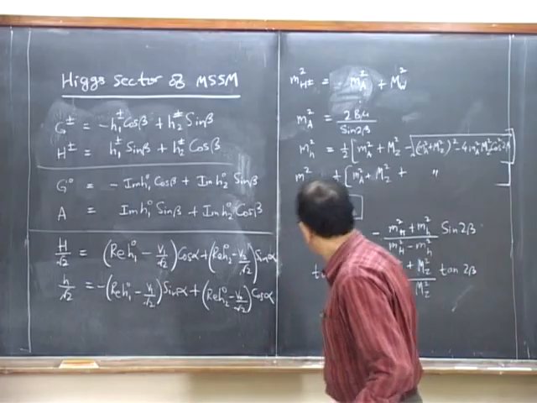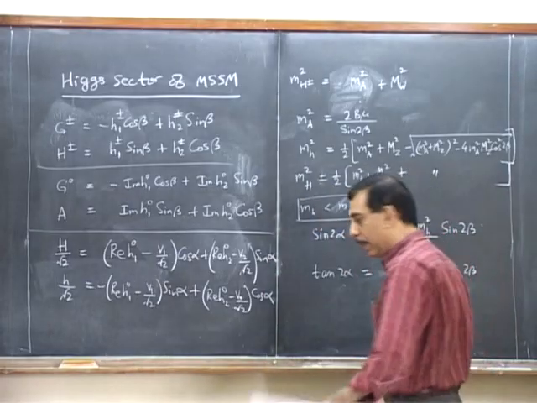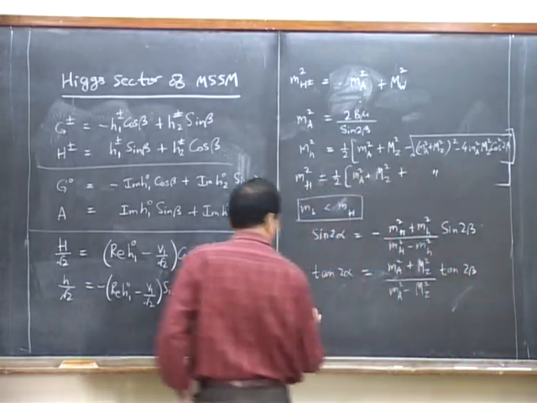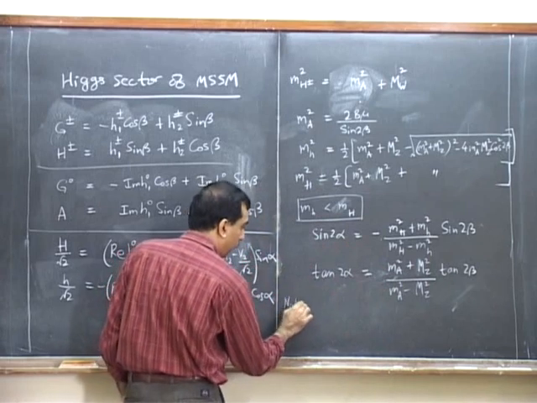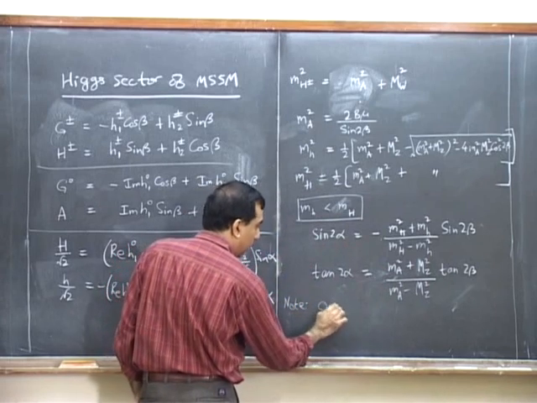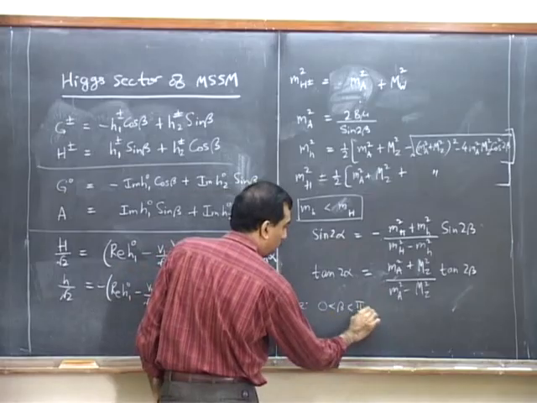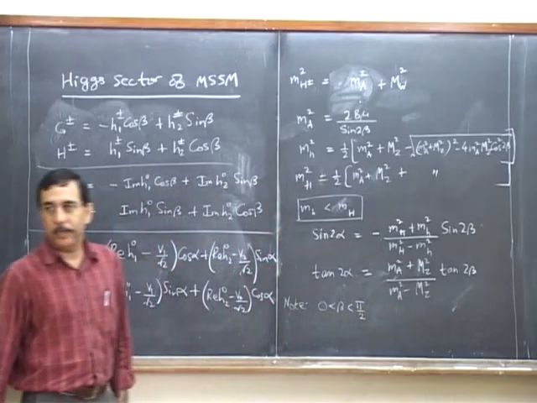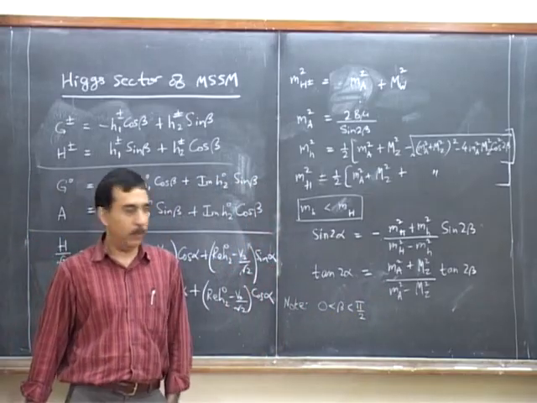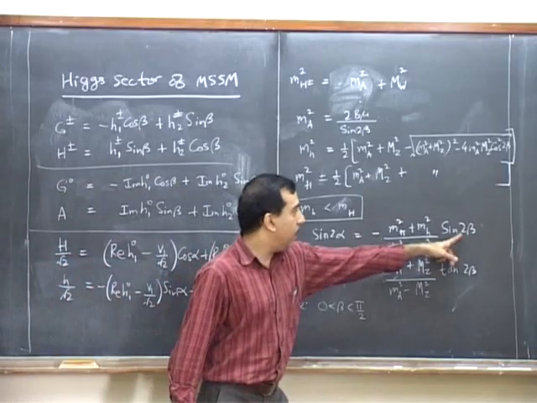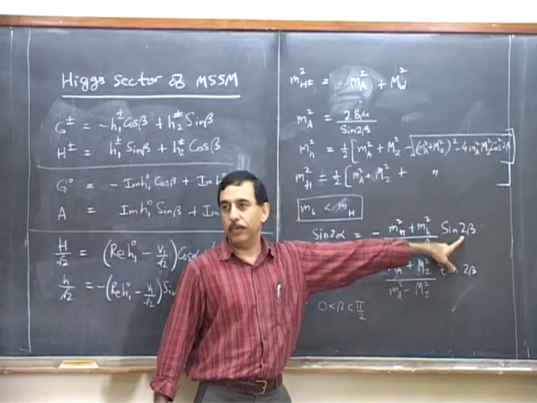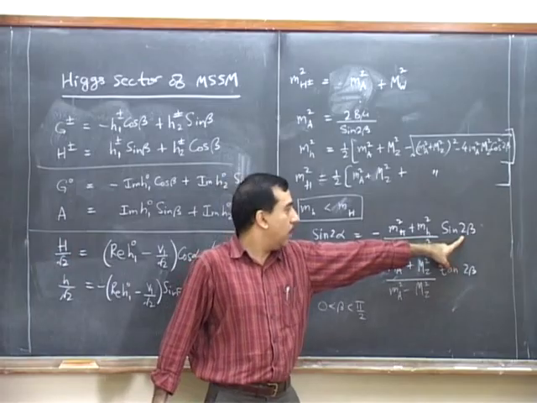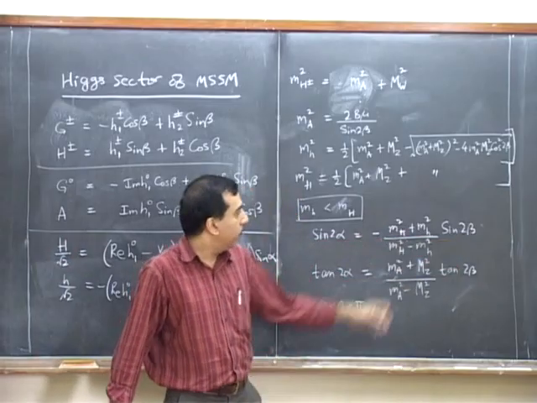Now we can make a few useful observations. One right away is that beta is between 0 and pi by 2 because tan beta is positive, because tan beta is V2 by V1. But that means that sine of 2 beta is positive because 2 beta goes from 0 to pi and sine is positive along all of that.